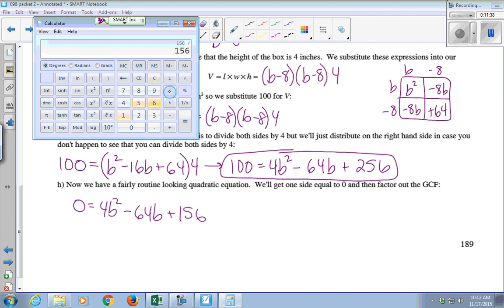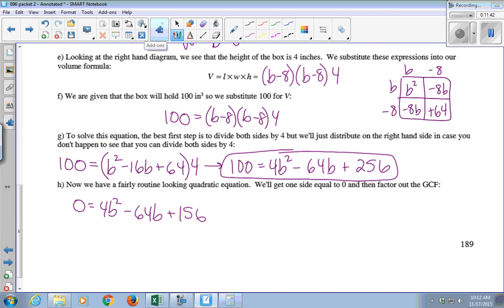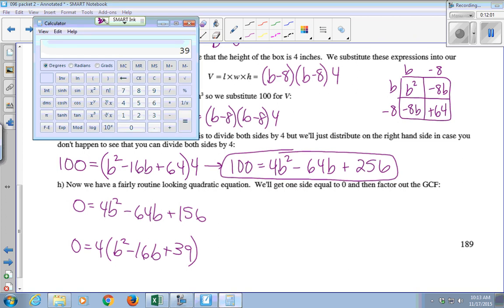And 156 divided by 4, 39 times. Okay, so I'm going to factor out a 4. So I get 0 equals 4 times b squared minus 16b plus 39. It's 39, right? Yep.